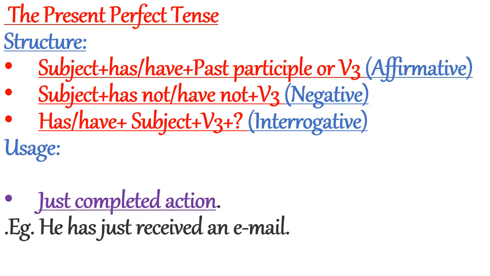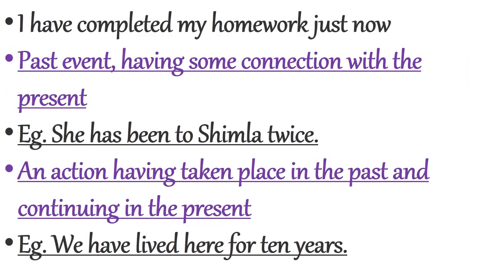Here with he we have used has, means has is used with singular subject and have is used with plural subject. One more example, I have completed my homework just now. Or there may be others, have you finished your meals? I have solved 2 questions so far.